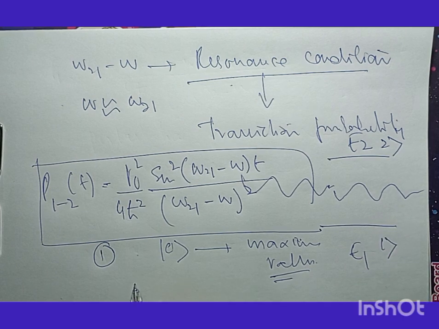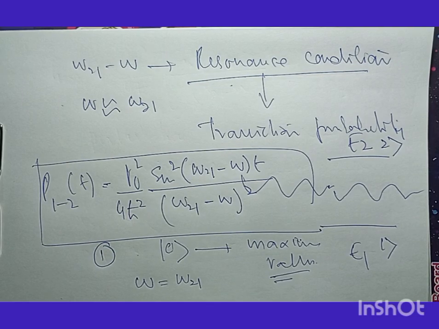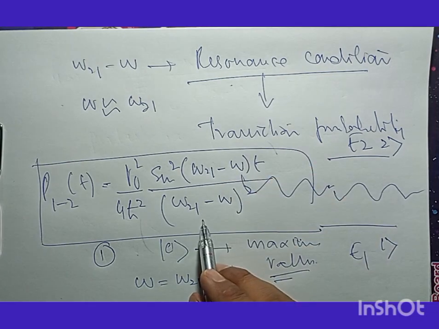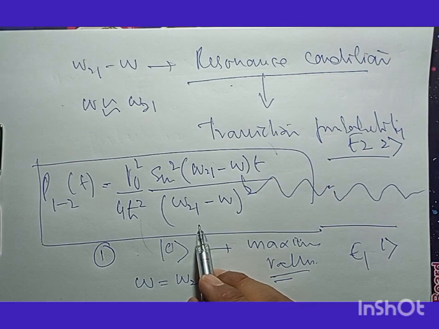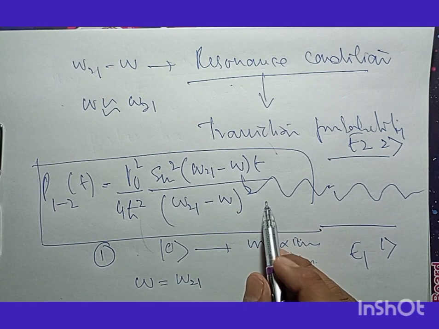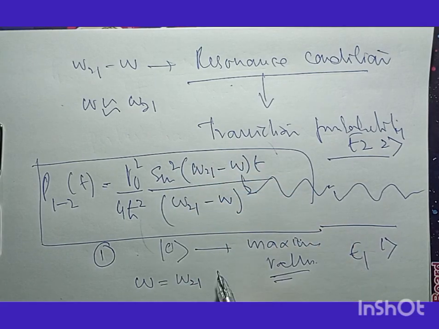And for omega equal to omega 21, the value of this thing will be equal to 1. If we think in terms of limits, as sine theta by theta, theta tends to 0, this term is going to give us 1.